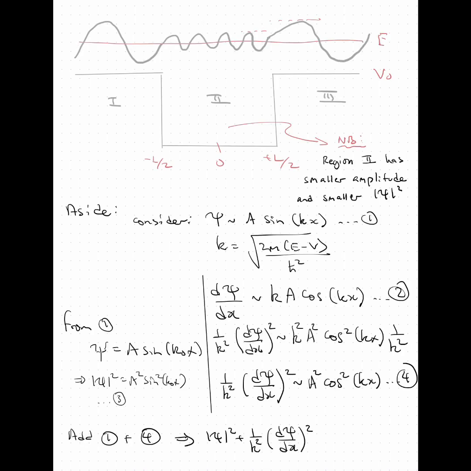So let's go back to here, where we have combining these two terms, equation 1 and equation 4, this is not a 1, it should be a 3. Now, combining this with this one, 3 and 4, you're going to put this, which simplifies to a squared sine squared kx plus cosine squared kx as promised.